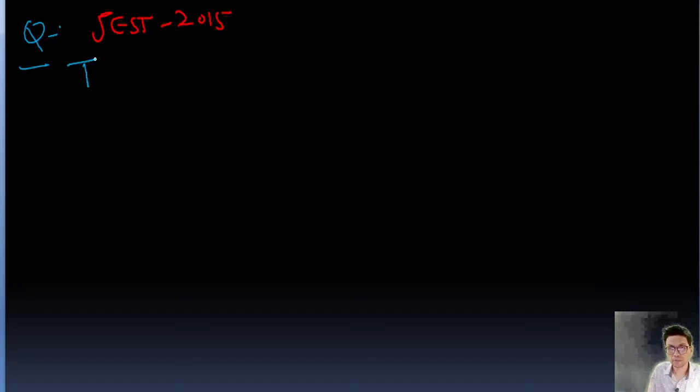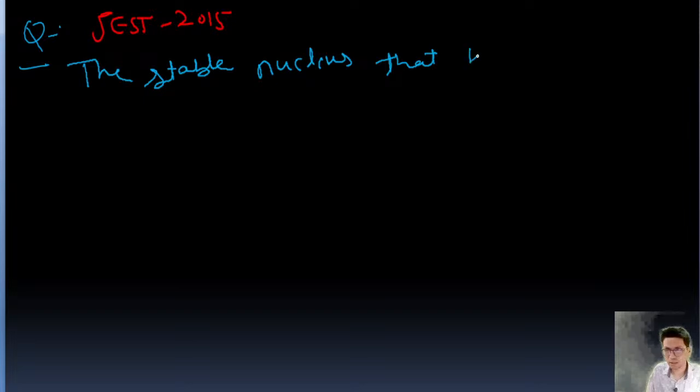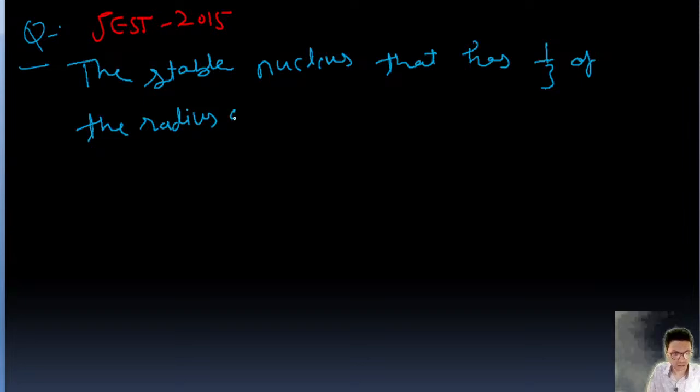The question is: the stable nucleus that has 1 by 3 of the radius of the 189 OS osmium nucleus is.